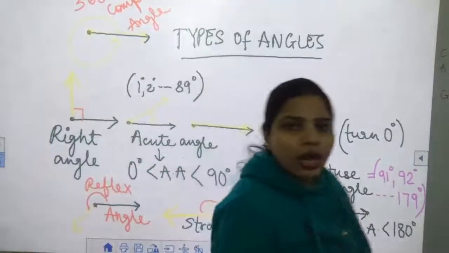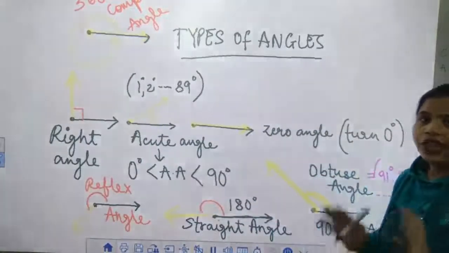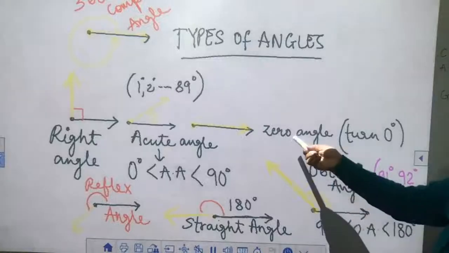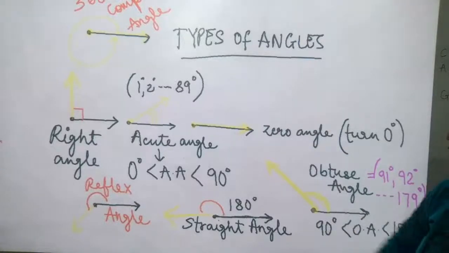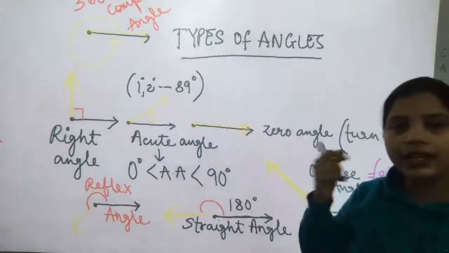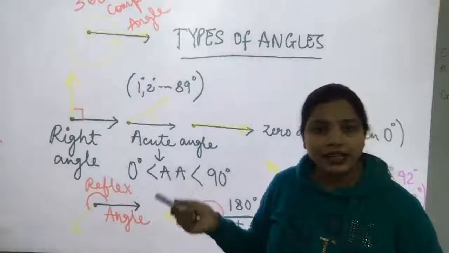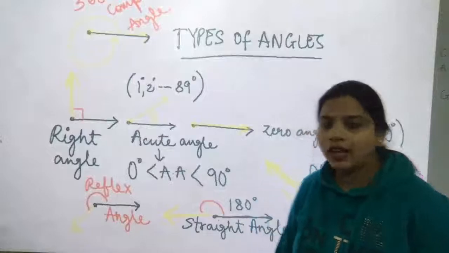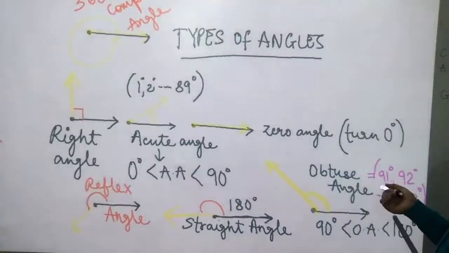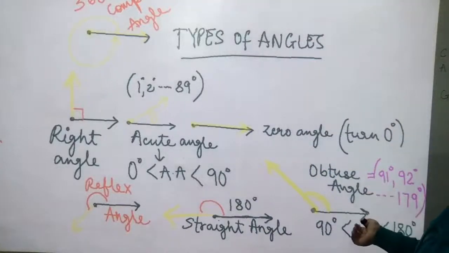So this was all about types of angles. Angles with no turn is called zero angle. With a turn between 1 degree to 89 degrees is called acute angle. If turn is 90 degree, it will be right angle. Then we have obtuse between 90 and 180.